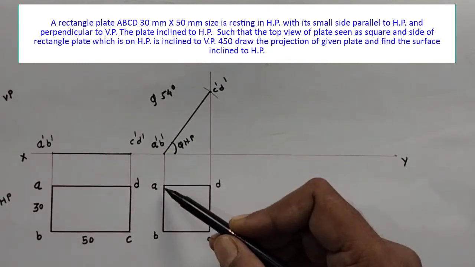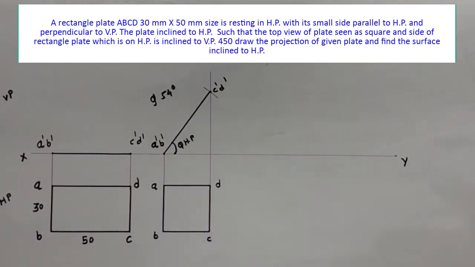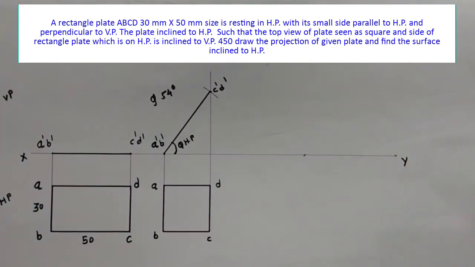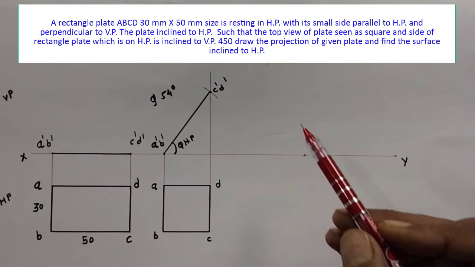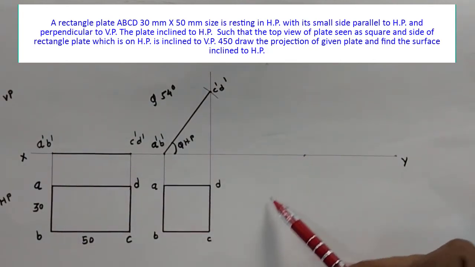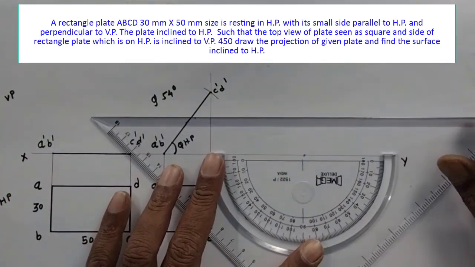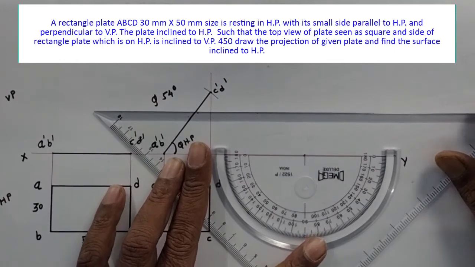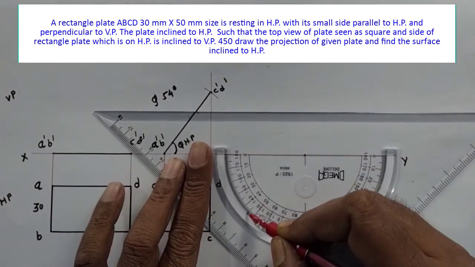Now side AB in the third stage is inclined to VP 45 degrees. So first I take one point on the XY line. The VP plane is above, so we draw the inclination line in the downward direction on our HP plane. And I draw the 45 degree inclination line.